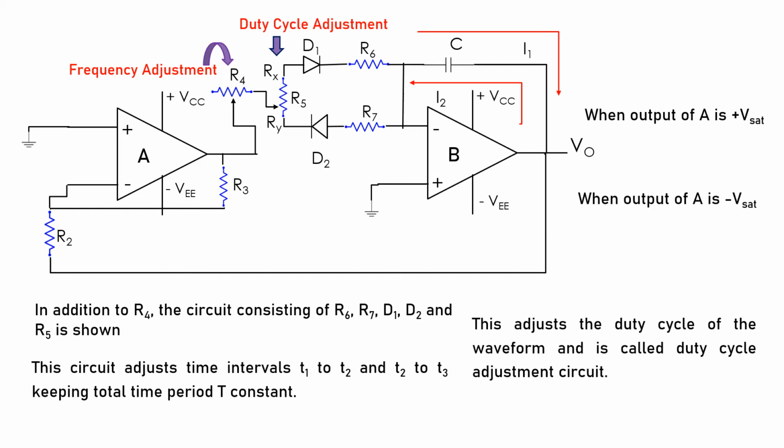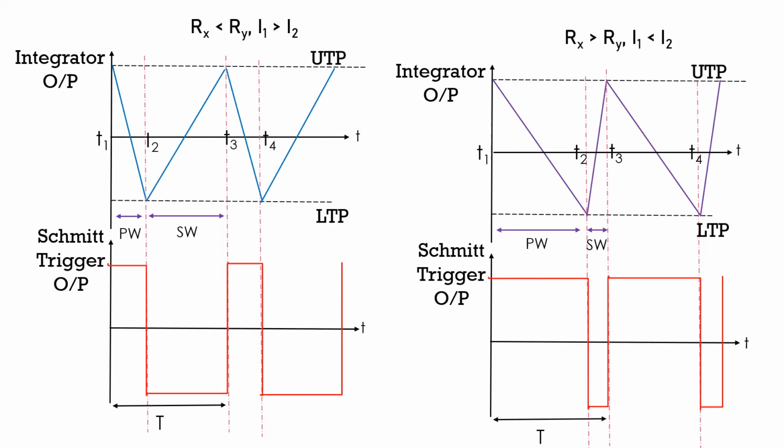For this circuit, we can draw the waveforms depending upon the resistance values Rx and Ry. R5 is a potentiometer, and R4 is also a potentiometer. R5 is mainly used for duty cycle adjustment; one end of it is Rx and the other end is Ry.